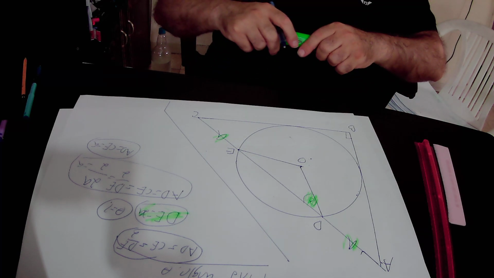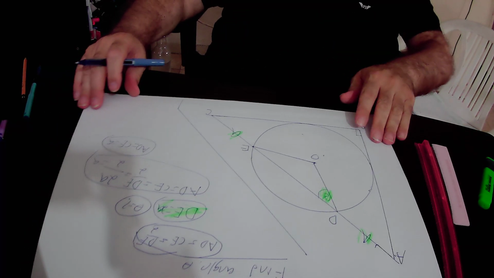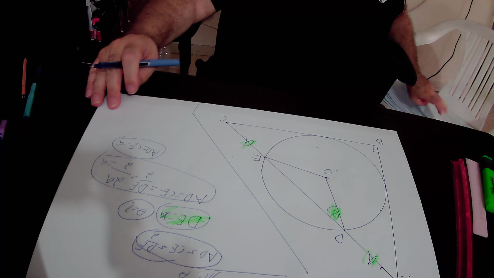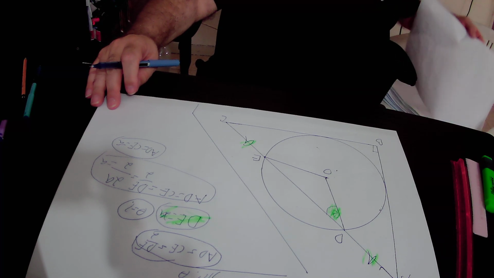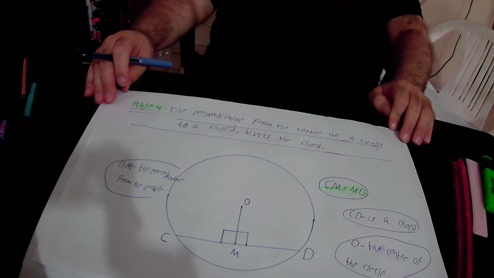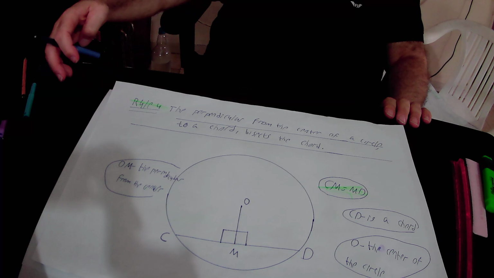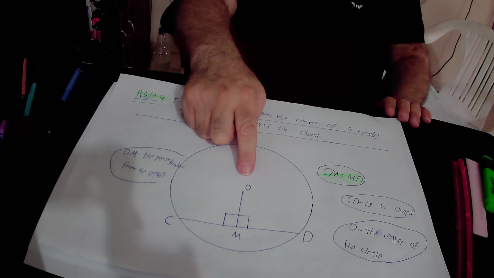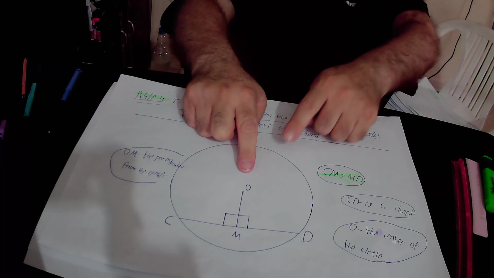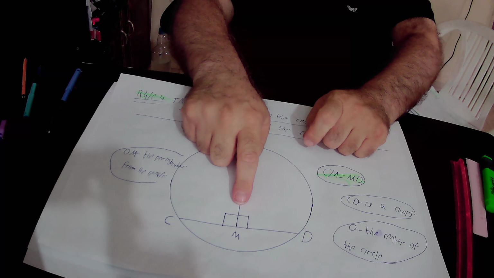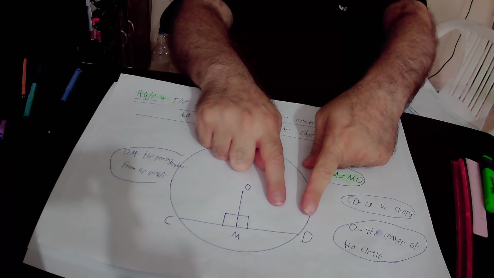In the next step, I will present to you rule number 4 and we will implement rule number 4 in our drawing. According to rule number 4, the perpendicular from the center of a circle to a chord bisects the chord. The center of the circle is at point O. From point O we have perpendicular OM, and according to this rule, the perpendicular OM bisects chord CD.